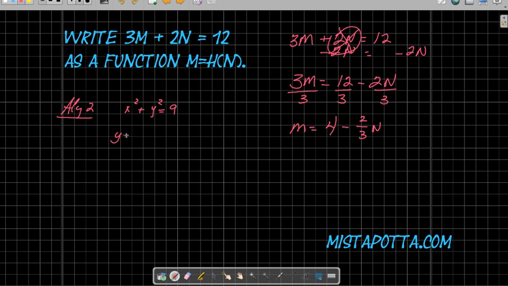It's going to be hard to find y as a function of x or x as a function of y, because it's hard to deal with those quadratic terms. It's hard to deal with those squares.